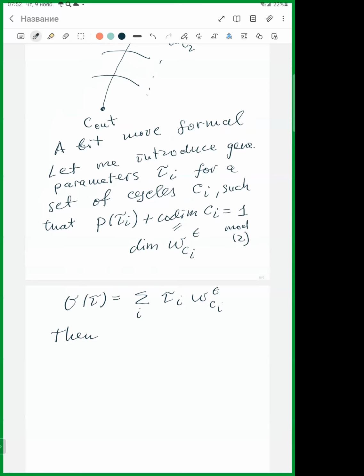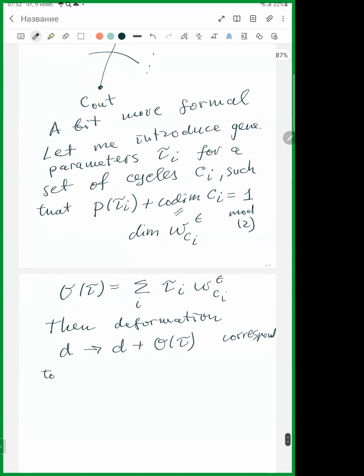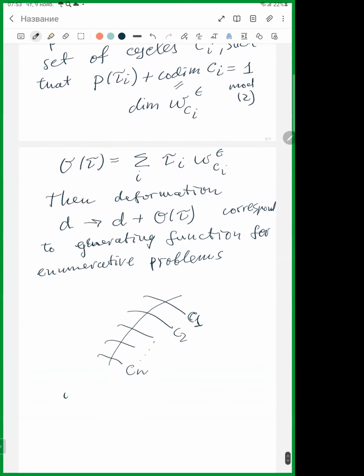Then the deformation d going to d plus O of tau corresponds to a generating function for enumerative problems C1, C2, Cn in any order.